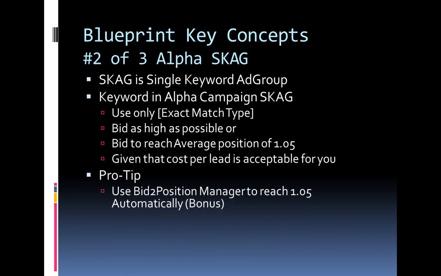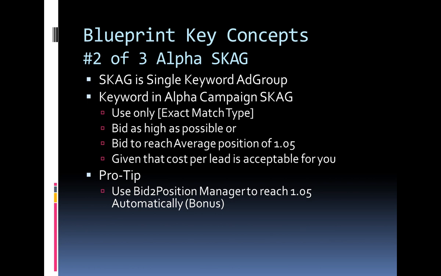AdWords has a feature for you to bid to a certain position using the automated rules. However, if you are using this blueprint, we have a different way to let you automatically bid so that your keyword will reach your desired position.